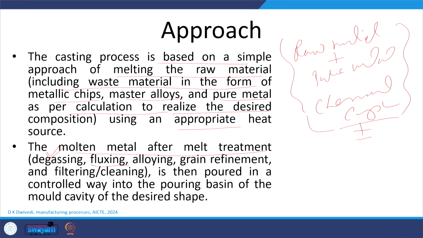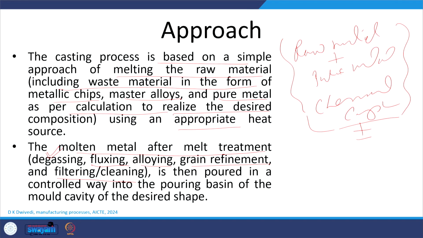Fluxing is done to remove the impurities, alloying is done to adjust the composition as per the need, and grain refiners are added to refine the grain size after the solidification of the casting, so that fine grain structured castings are produced. Cleaning and filtering is done to remove all the solid impurities which are there in the molten metal.